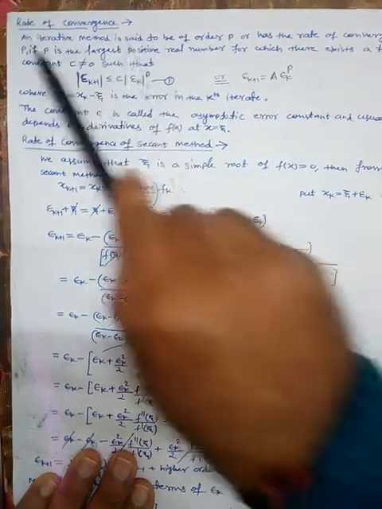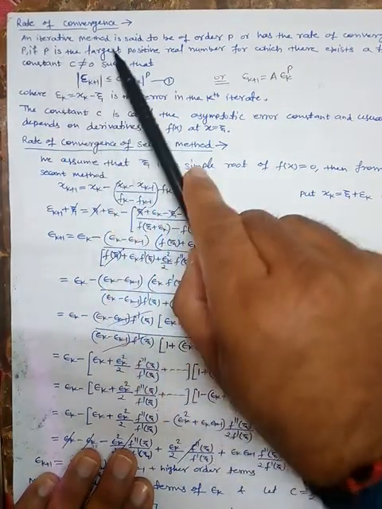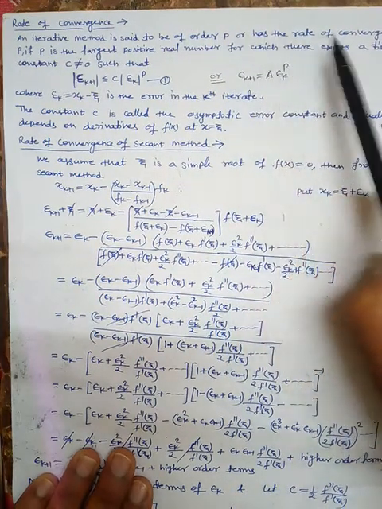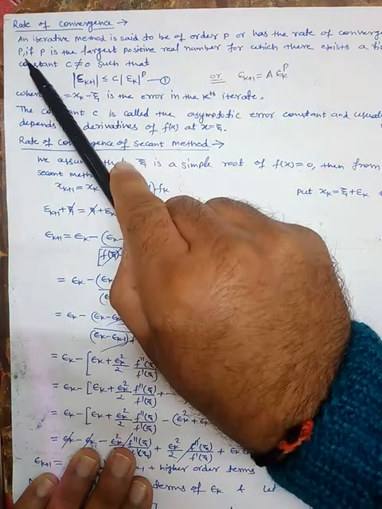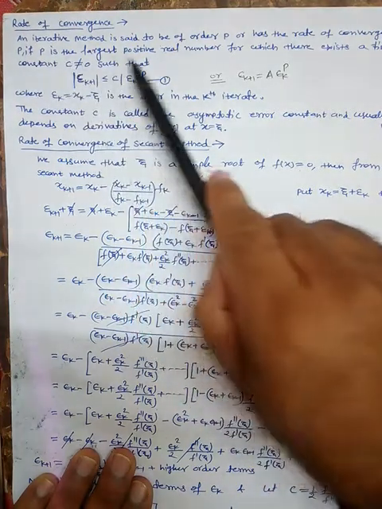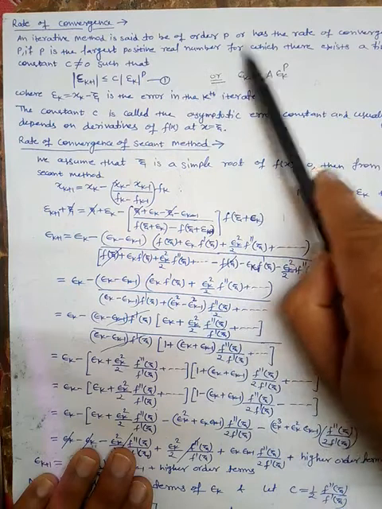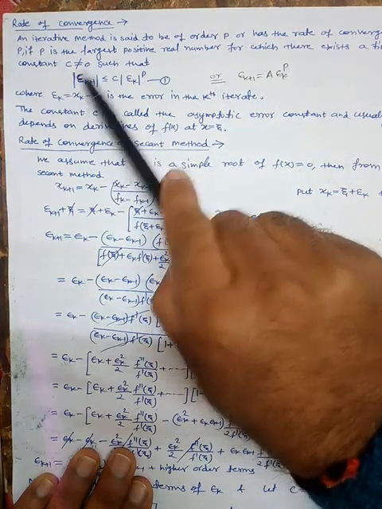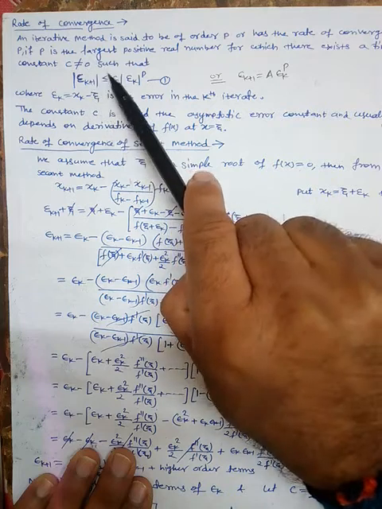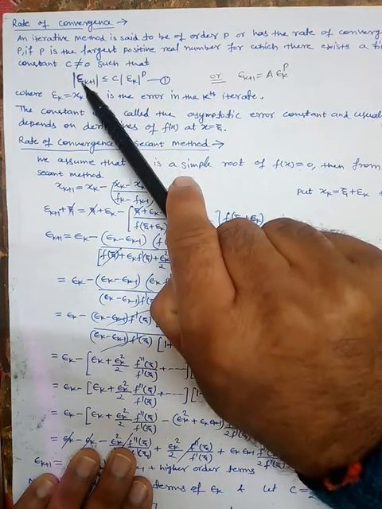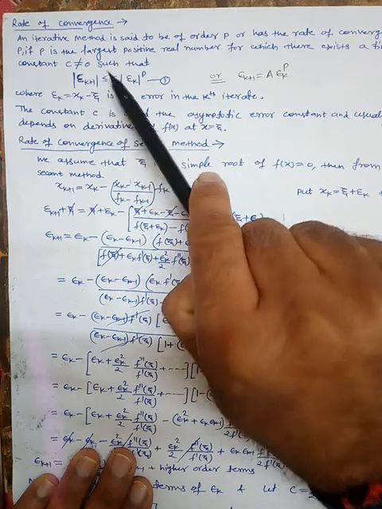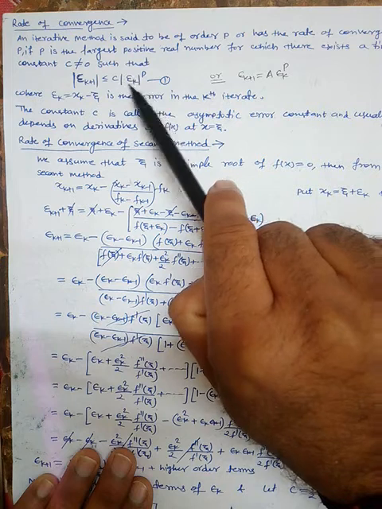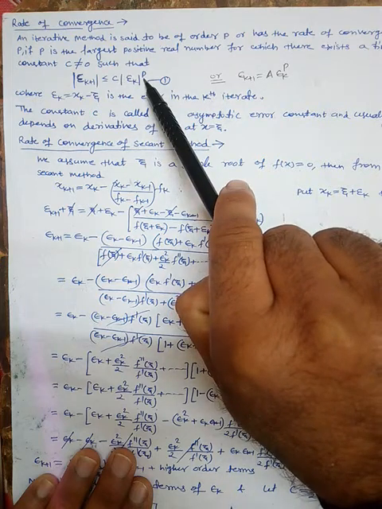Rate of convergence. Here is the definition: an iterative method is said to be of order p, or has the rate of convergence p, if p is the largest positive real number for which there exists a finite constant C, not equal to 0, such that the magnitude of epsilon k plus 1 is less than or equal to C multiplied by the magnitude of epsilon k raised to the power p.